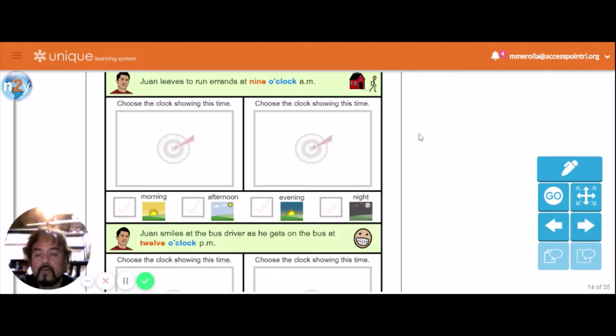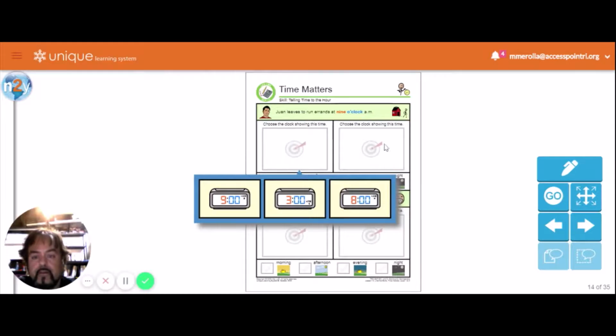Okay, on this next page, we're talking about telling time to the hour. Juan leaves to run errands at 9 o'clock a.m. Okay, choose the clock showing this time. All right, let's see what we have here for choices. Oh, and look at that, we zoomed right out.